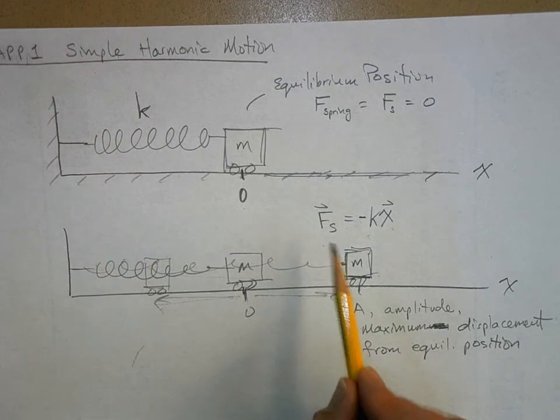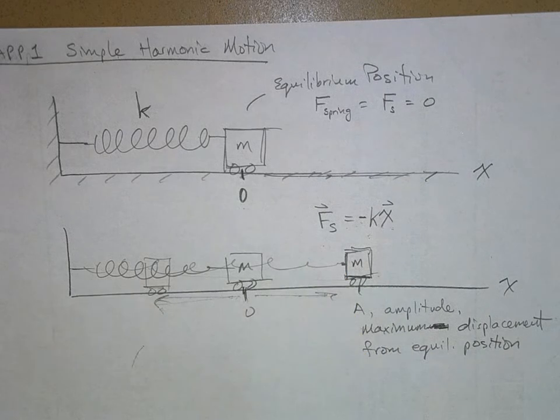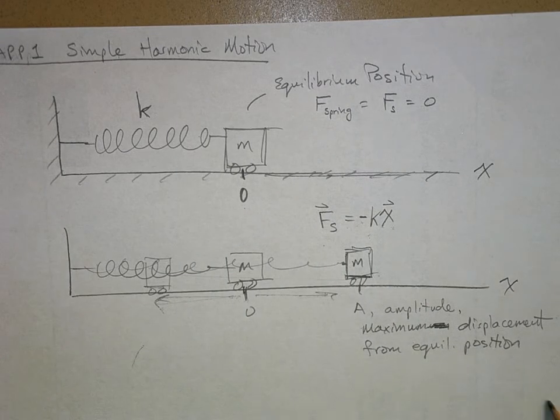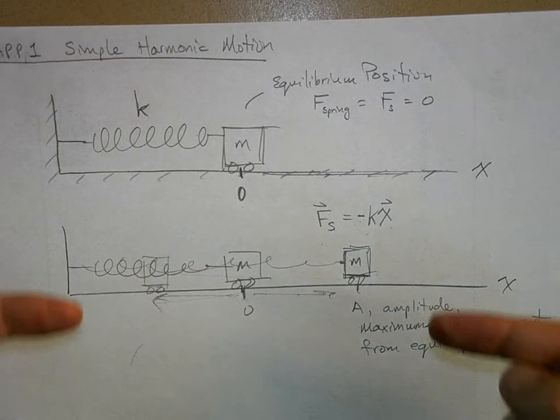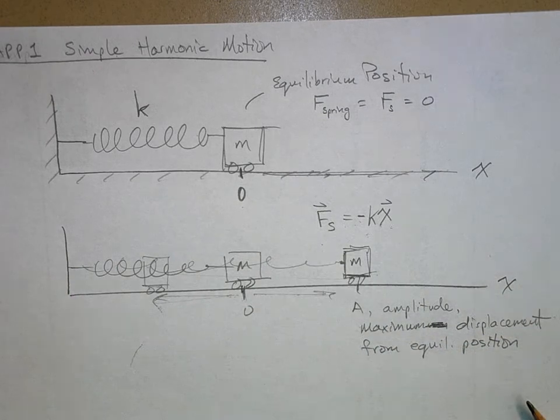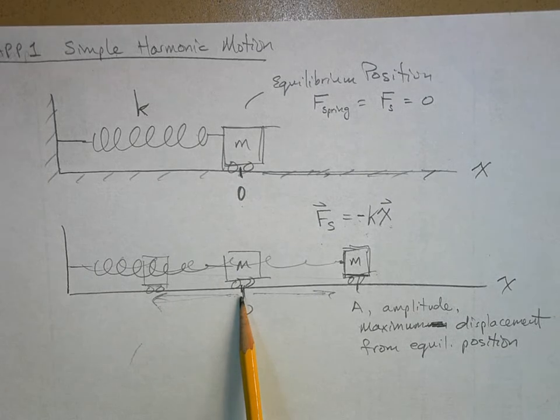So that means the force is in the opposite direction as x. And it's proportional. So really what the force of the spring is trying to do, everybody listen, watch, think, do you see that the force of the spring is always trying to restore it back to zero, isn't it?